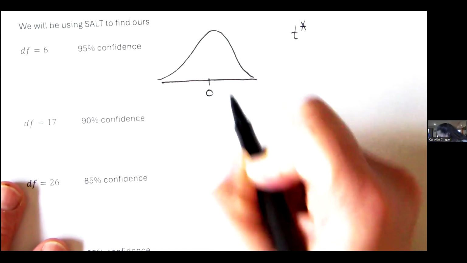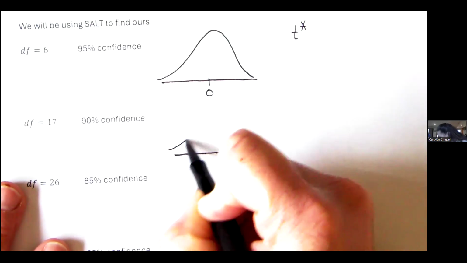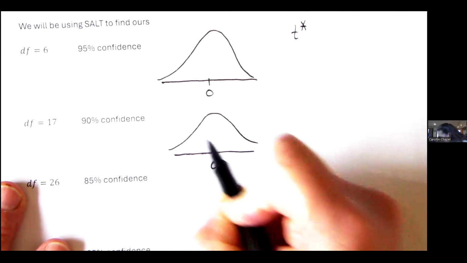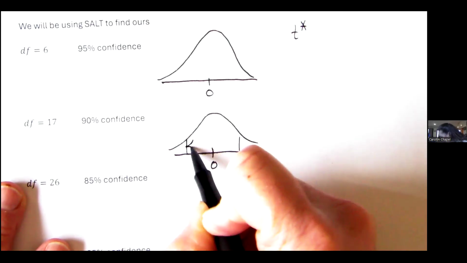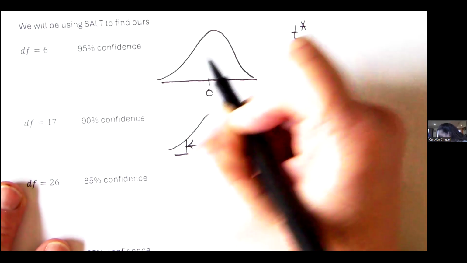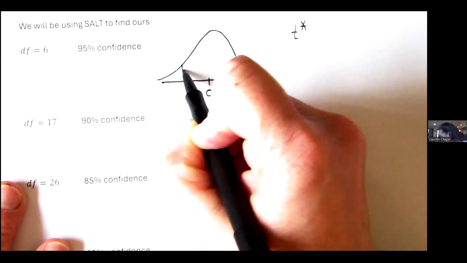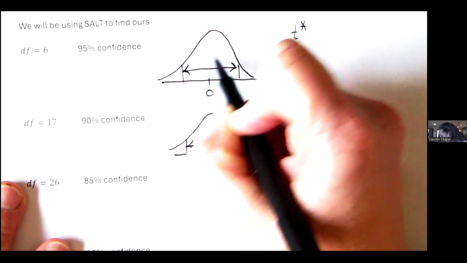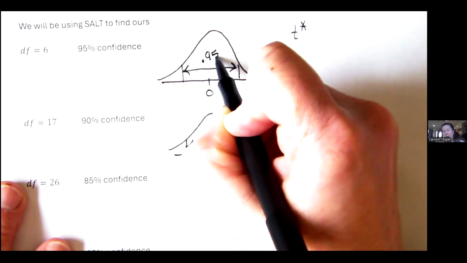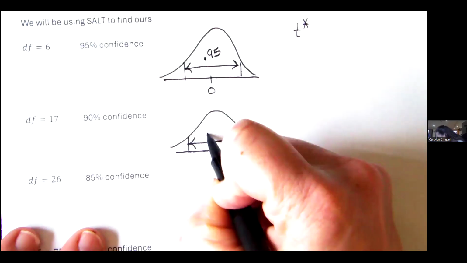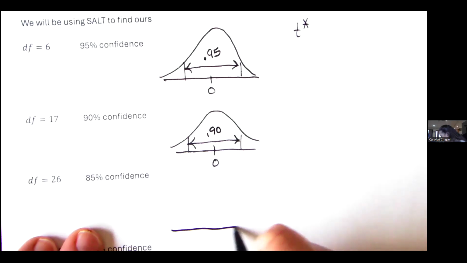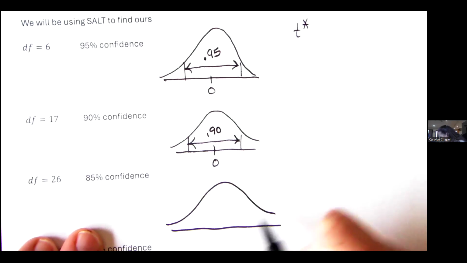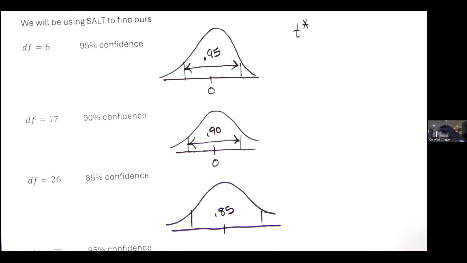They are still centered around 0, and we're looking for, again, 90% confidence or 95% confidence, centered around 0, so evenly on both sides. So we have that 0.95, that 0.90, the 0.85, and then again 0.95. But notice our degrees of freedom is a little bit different.